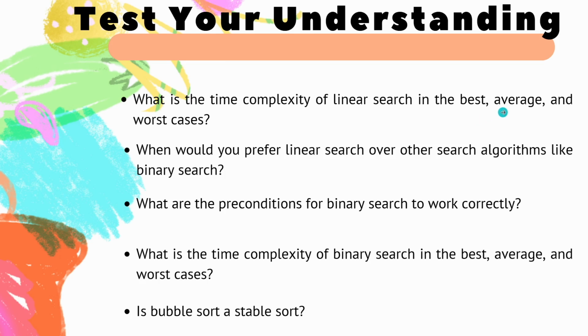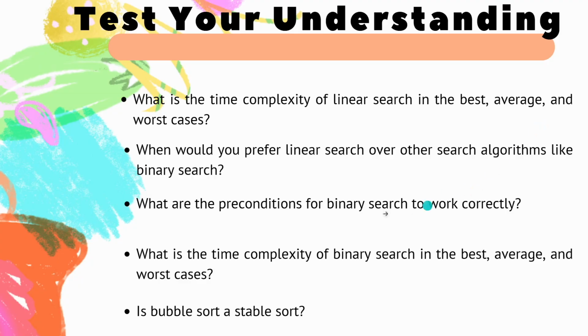In all other cases we may have to make that many comparisons. Average case would be finding the target element somewhere in the middle of the array, and worst case would be finding the target element at the last position, or the element is nowhere found in the list. Even if the element is not in the array, we will be searching from beginning till end. So in that case our worst and average case would be order of n.